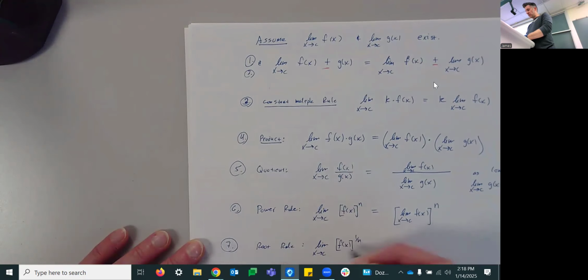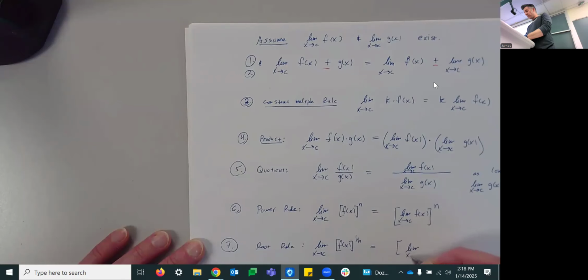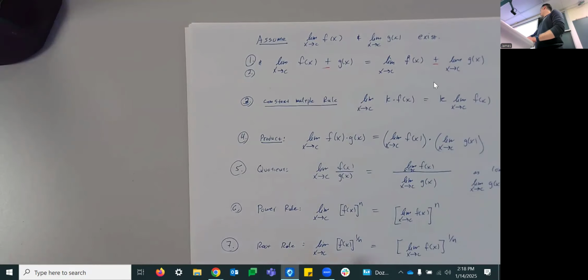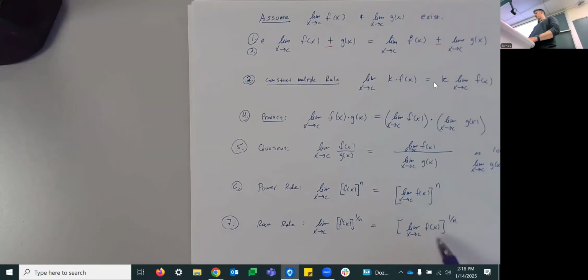The limit as x approaches c of f of x to the 1 over n is the same as if you did the limit of the argument first and then took the nth root of it. I will point out, you do have to be a little bit careful here. If n is even, the insides here do have to be approaching a non-negative number. So you can't take an even root of a negative number.